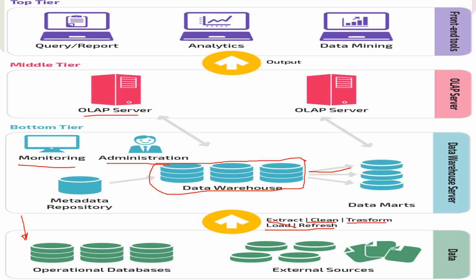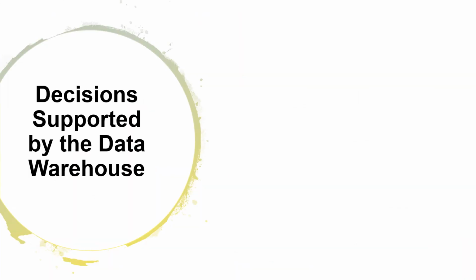And then we have front end tools, which are data mining, analytics, and query reports, meaning that is the output of the ERP system. Okay, now let's talk about decisions supported by data warehousing, or how it will be different.